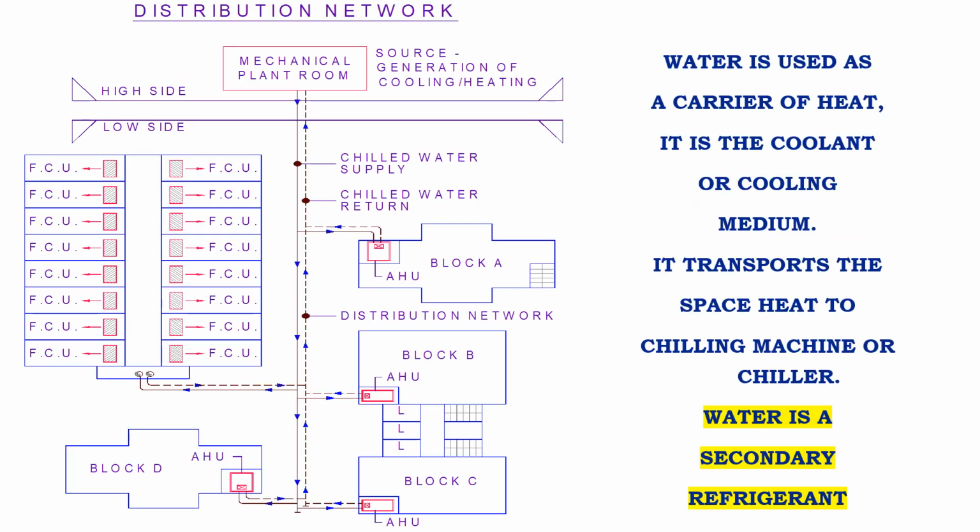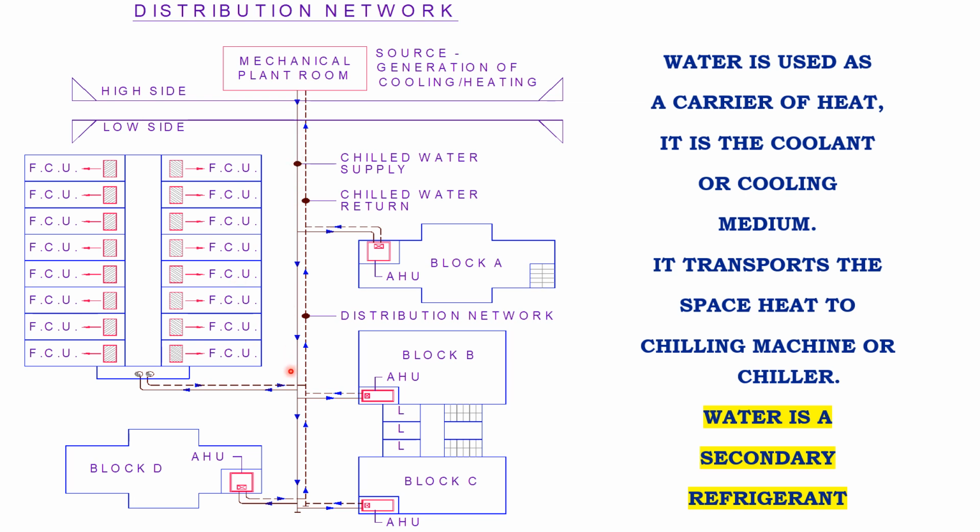This is a typical distribution system wherein the mechanical plant room is where the chiller or the hot water generator is placed, which is called the high side. On the low side, there are the FCU fan coil units. There is an air handling unit in the block, and in the other wing there is another air handling unit. So these are the air handling units and fan coil units.